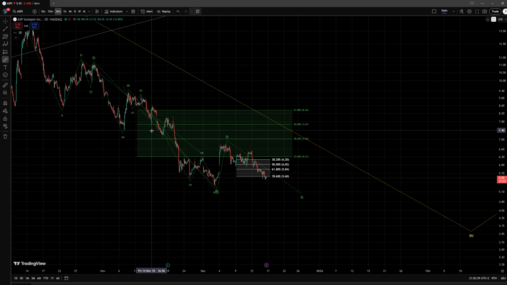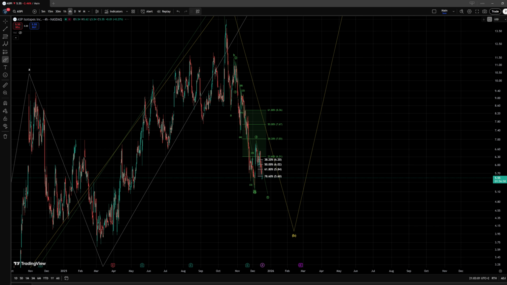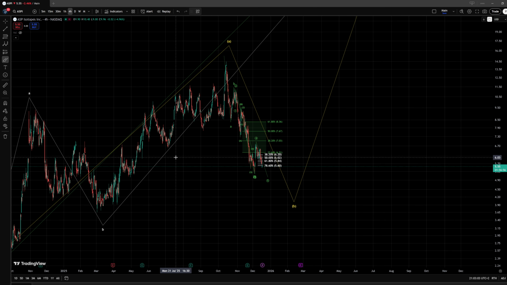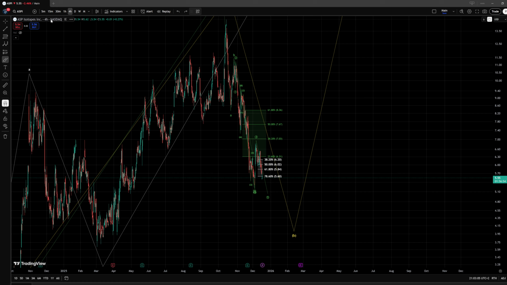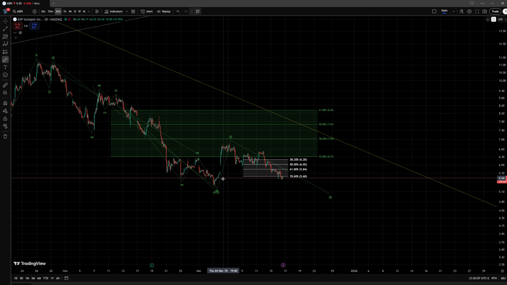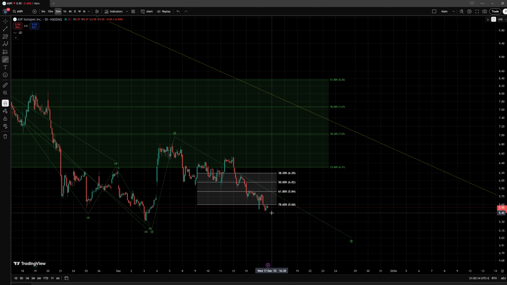We need those levels of confirmation, and right now on this chart we don't have any signal that we have bottomed. We had here maybe a potential initial wave 1 to the upside, but here again we broke below the area of support. We have now tested it from below and we got rejected once again. Now again, this is a very small time frame, so I wouldn't focus too much on this.